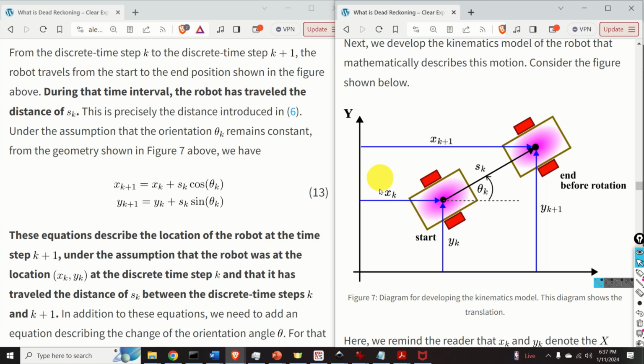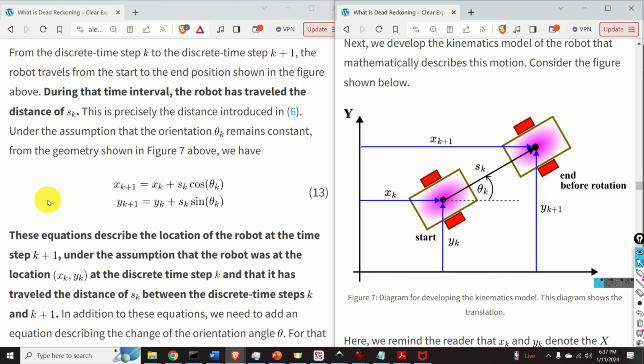For example, from this figure, we can see that xk plus 1 is actually xk plus sk cosine θk. Similarly, yk plus 1 is yk plus sk times sine θk.